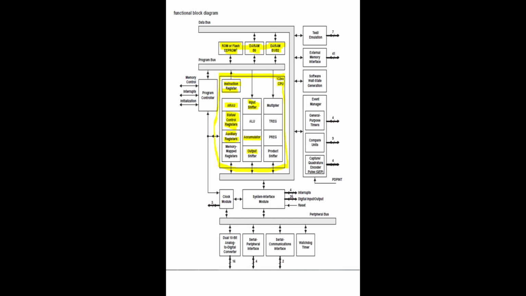Then output shifter. Again, it is similar to your input shifter. Once you have got some answer, if you want to modify the result that came, you use the output shifter. Again, take an example. I am getting the answer as 2. I wanted the answer to be 4.